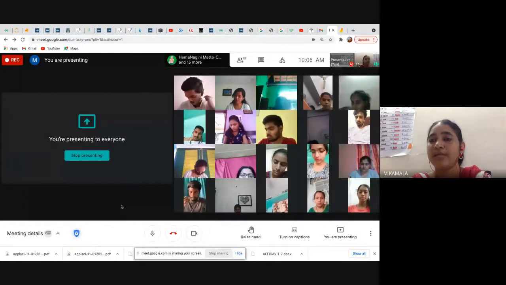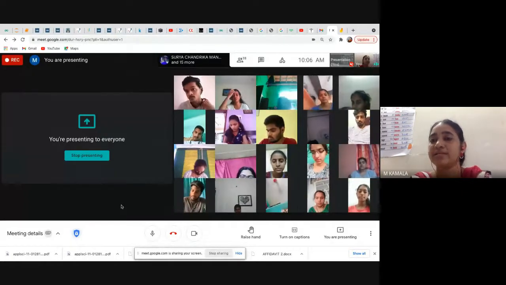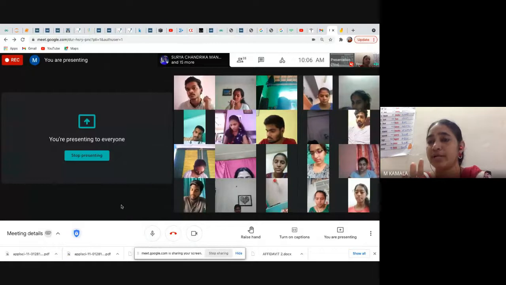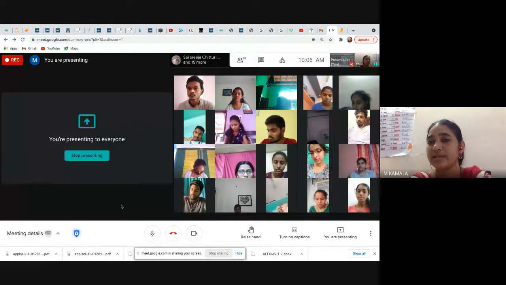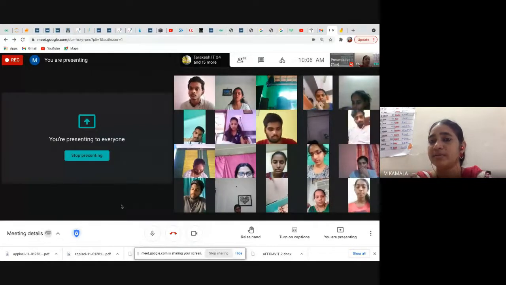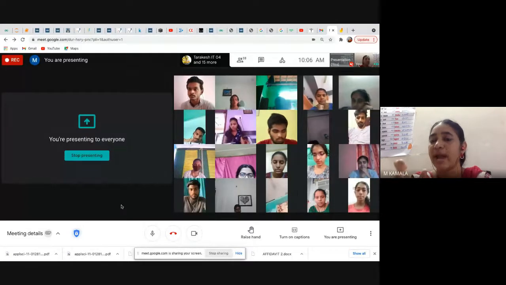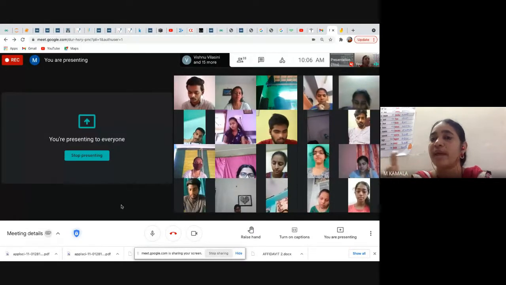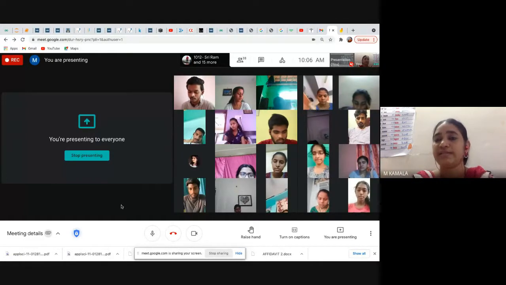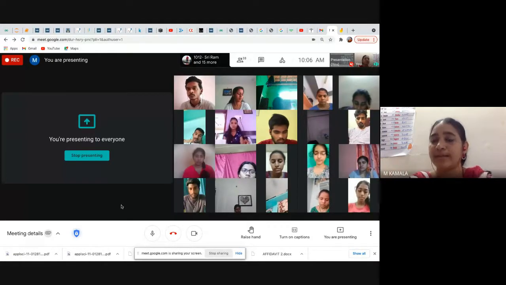Now don't get confused here. The rows and the columns: if you take a column name or the attribute name, that is the value of your column attribute.